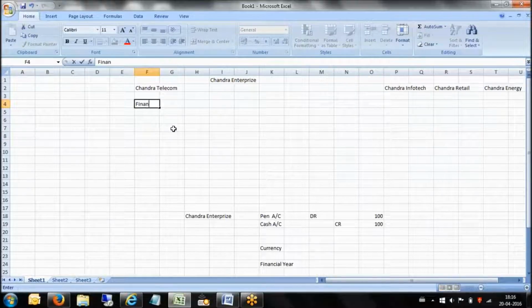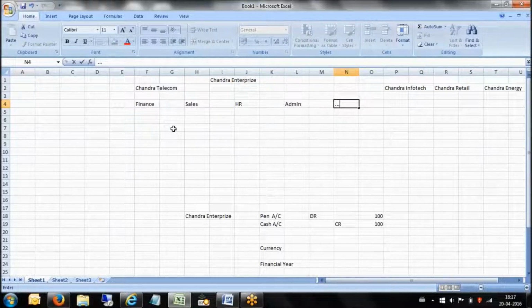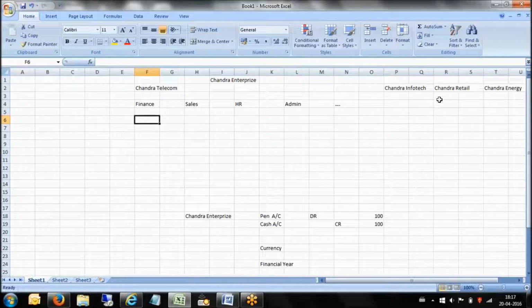Suppose finance department, a very important one. Then we have sales department. Then we have HR. Then we have admin, and so on. Not taking many of them, just to understand the concept, I have taken 4 of them. Same way, under this company also there will be departments.